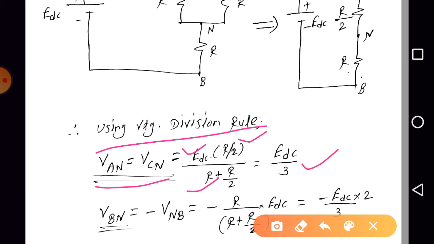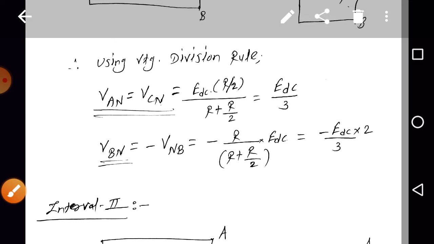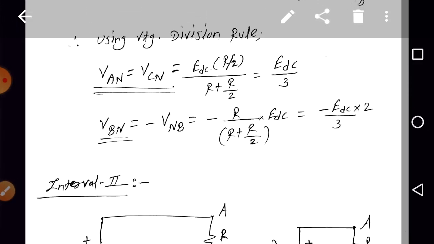It is positive. Be careful, because current is in the downward direction. Therefore VA is greater than VN as well as VC is greater than VN. VA is equal to VC, so VAN is equal to VCN. Okay, so it is EDC by 3. Similarly, can we find VNB? Yes, or VBN is equal to minus of VNB.